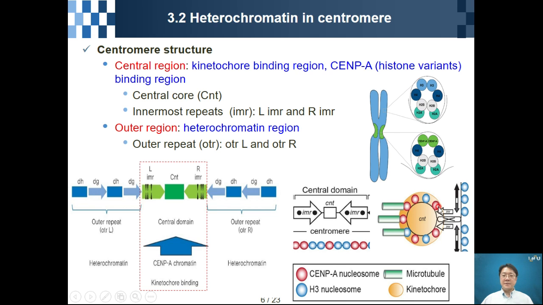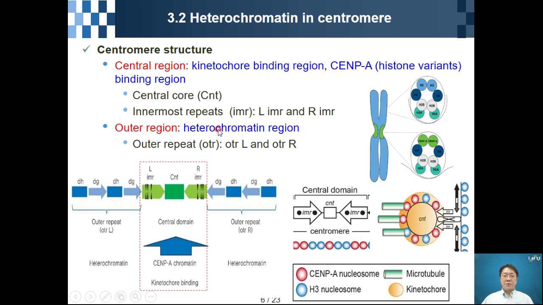So this CNT central core region is also a CENP-A nucleosome binding region, and normal H3 nucleosomes can also bind here. Usually the microtubule can bind to the CENP-A nucleosome or the H3 nucleosome, which is located in the kinetochore.